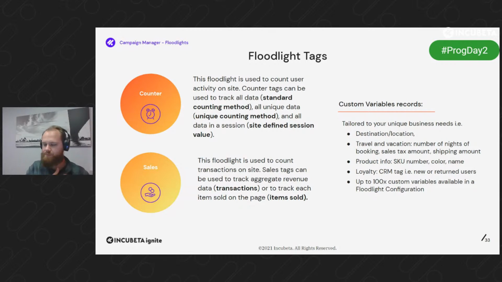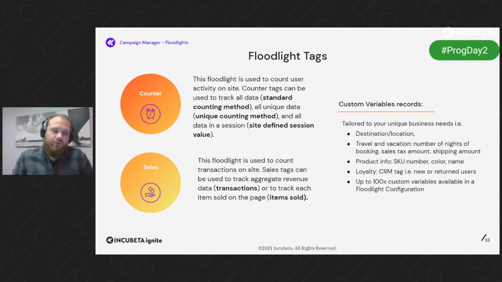So, for example, you wanted to know where the user was when they clicked on your campaign, or you wanted to know if that user was part of your loyalty club or not, or if that user had signed up to receive further marketing communication from your company after completing a contact form, you're able to identify and pass that specific information on in your floodlight report using a custom variable.